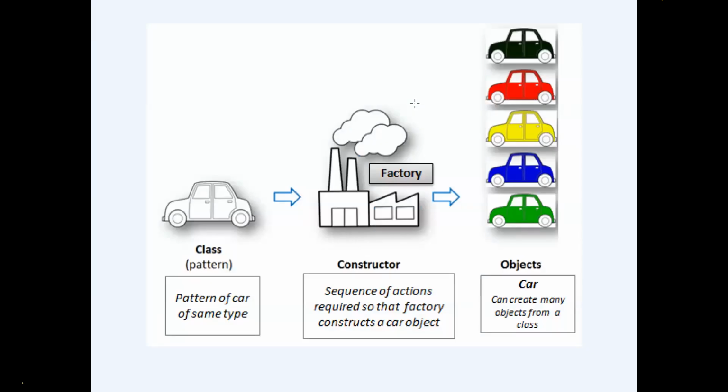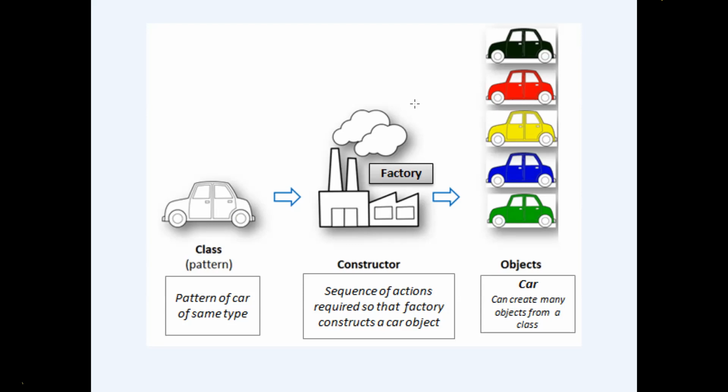Now let's look at the object creation process. I told you in object-oriented programming, we start with what we call a template or a class. This class is a general representation. But when you say object, there are particular instances.